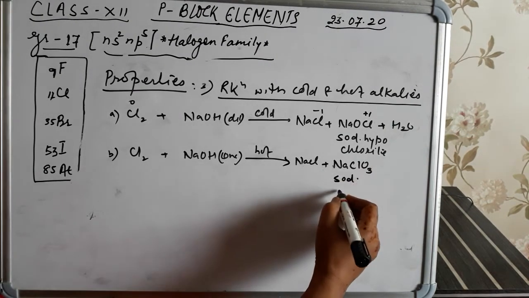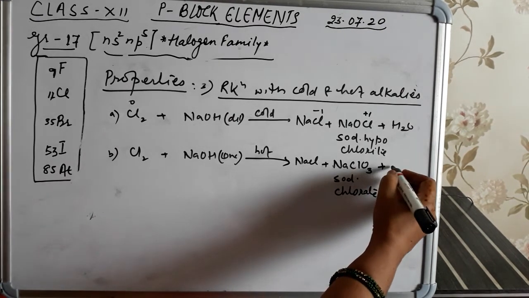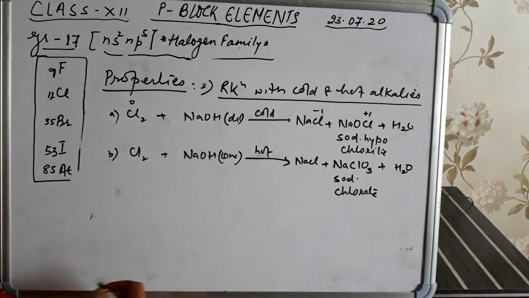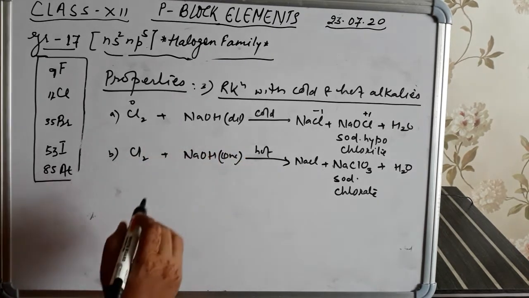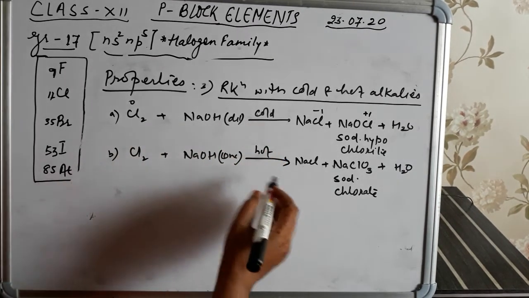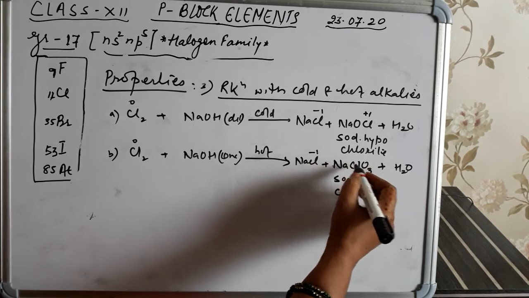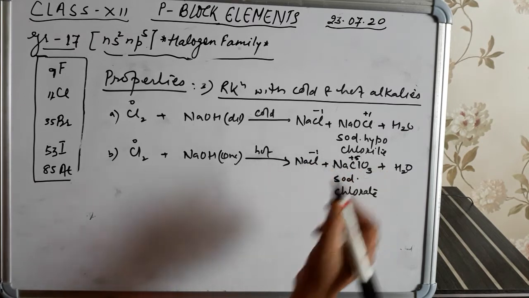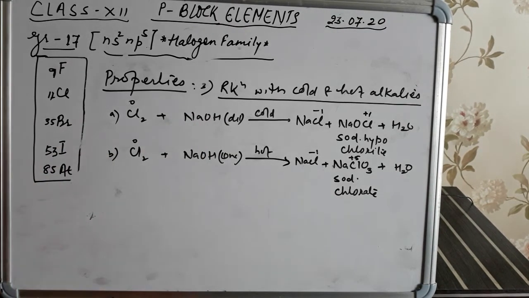So the formation of product changes whenever we change the concentration of sodium hydroxide from dilute to concentrated, and cold to hot. It also shows a disproportionation reaction, -1, and here chlorine is in the +5 oxidation state. This year, this question was given in the board examination. So in this way you can learn it and try to balance this equation also, students.